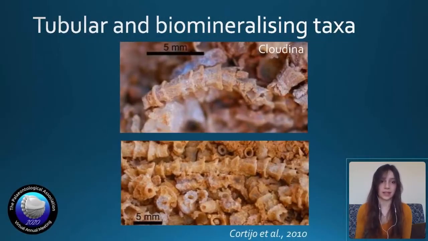Along with the appearance of tubular taxa, we also had the appearance of hard biomineralizing skeletons, which also developed towards the end of the Ediacaran. Most of these biomineralizing taxa are tubular during the Ediacaran.